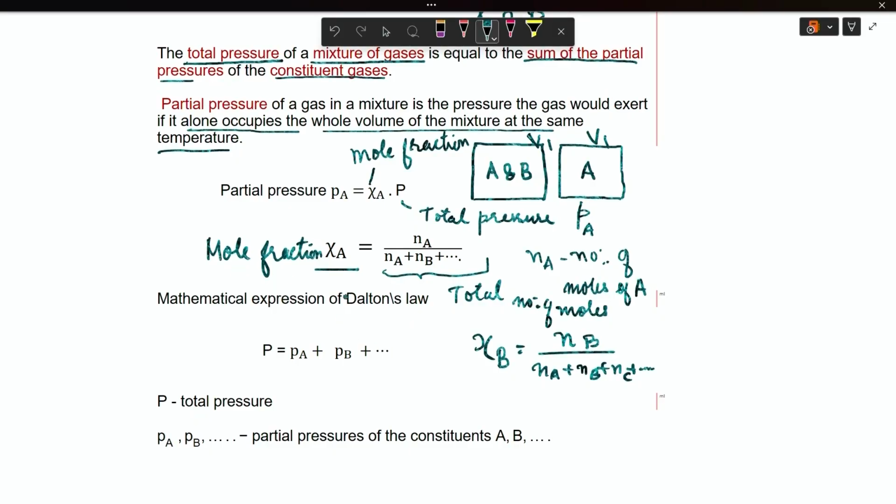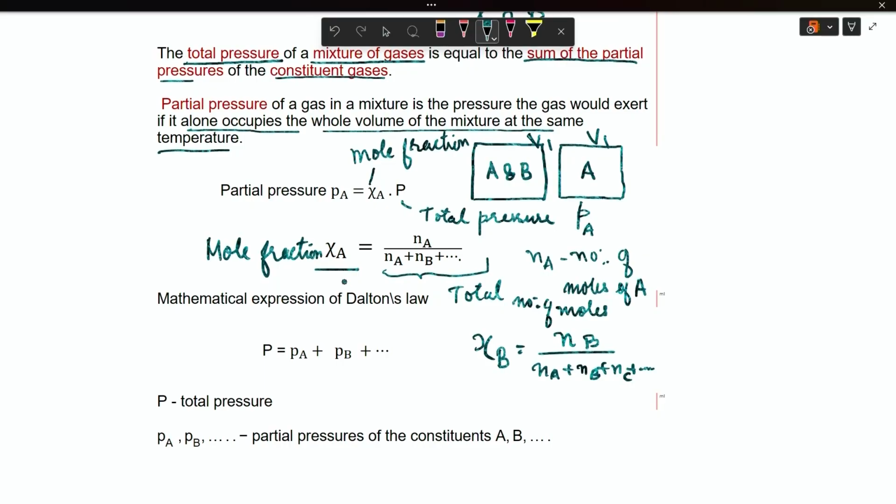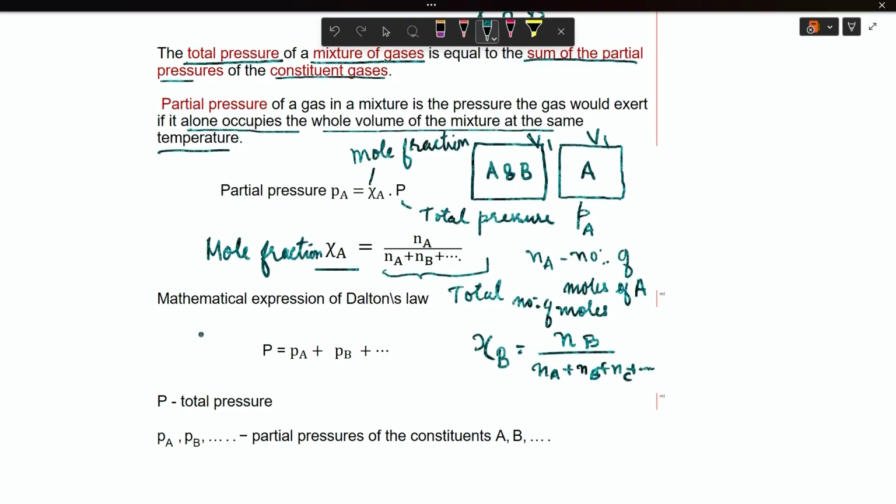Now, we will come back to Dalton's law of partial pressure. Here we have told that the total pressure of a mixture of gases is equal to the sum of the partial pressures of constituent gases. Suppose we have a gas mixture containing constituents A, B, etc. The total pressure capital P is equal to partial pressure of A plus partial pressure of B and so on.